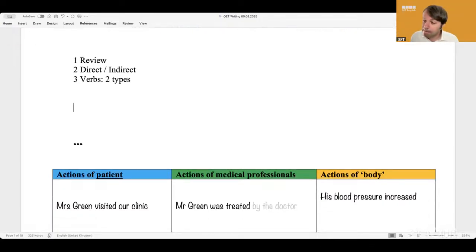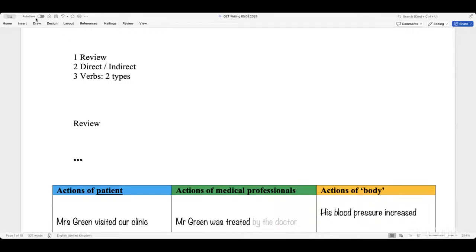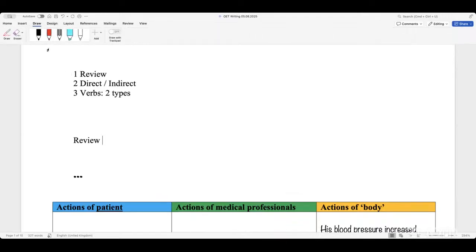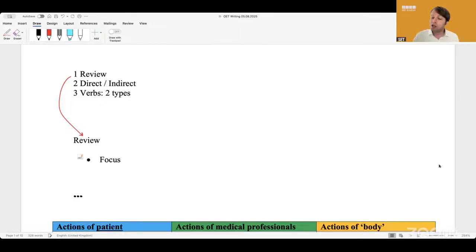Review. Esma, can you tell me what is passive, please? Give me an example of passive. While we are using the passive, we focus on the object. Okay, so she has a bad connection here, but she says we use passive to focus on the object of the sentence.